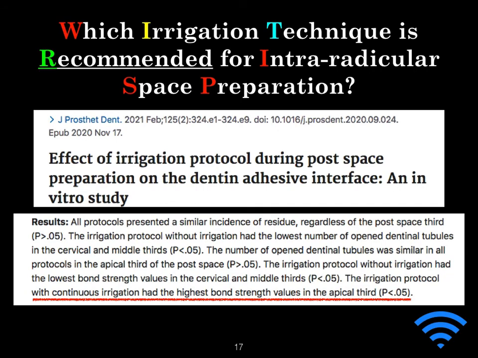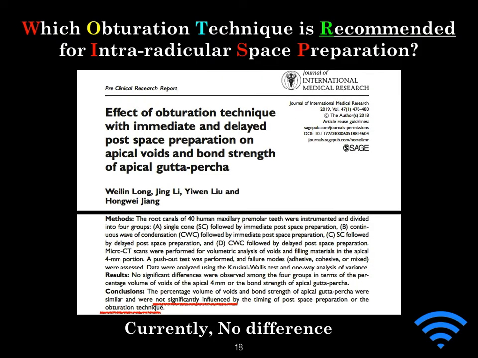We will start with which irrigation technique is recommended for intraradicular space preparation. Continuous irrigation was found to result in the highest bond strength in the apical third. Then, which obturation technique is recommended for intraradicular space preparation? At the moment, there is no significant difference between the available techniques in the clinics.